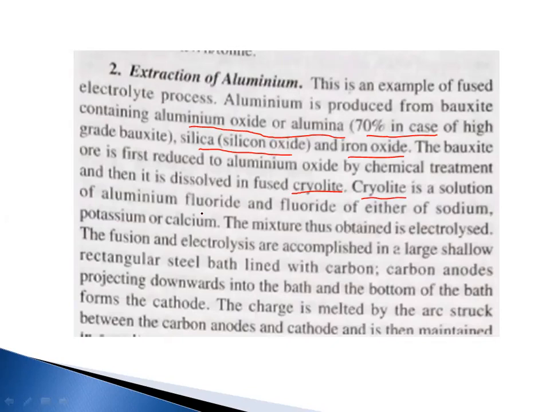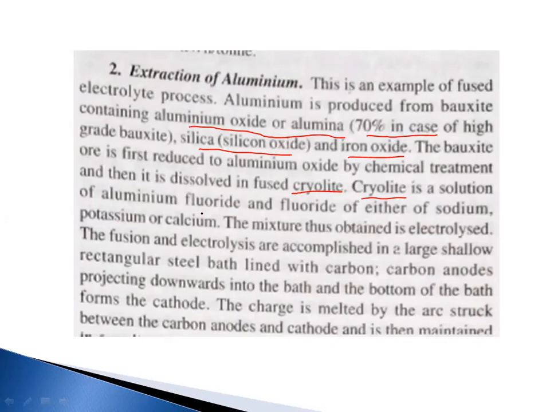The mixture thus obtained is electrolyzed. The fusion and electrolysis are accomplished in a large shallow rectangular steel bath lined with carbon, and carbon anodes projecting into the bath, and the bottom of the bath forms the cathode.